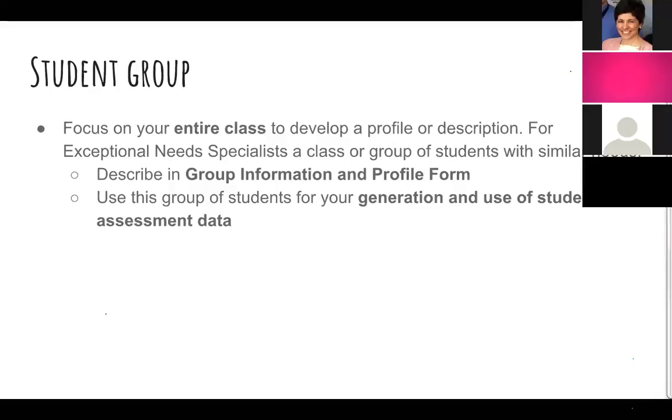Or if I'm a math interventionist and I pull lots of small groups, maybe I'm going to include the data for my first grade students in my profile. But when you get this specific, you may just want to reach out to that number to make sure that you're doing the right thing. This to me felt like a very important thing to be clear on.